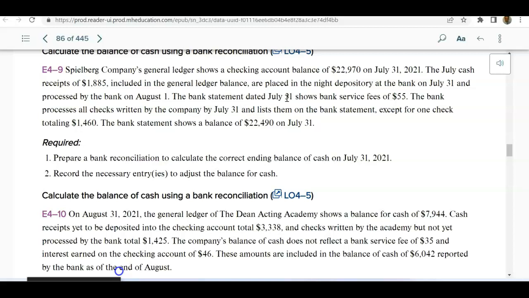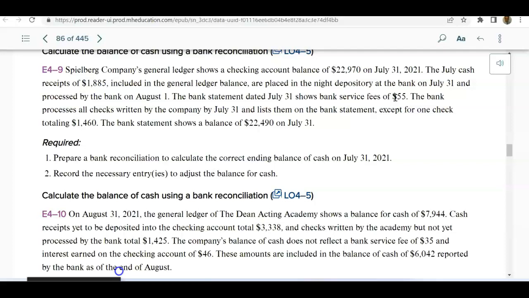The bank statement dated July 31st shows a bank service fee of $55. That's a debit memo. Debit memo means the bank debited your account by $55. Remember, your account is a liability for the bank.